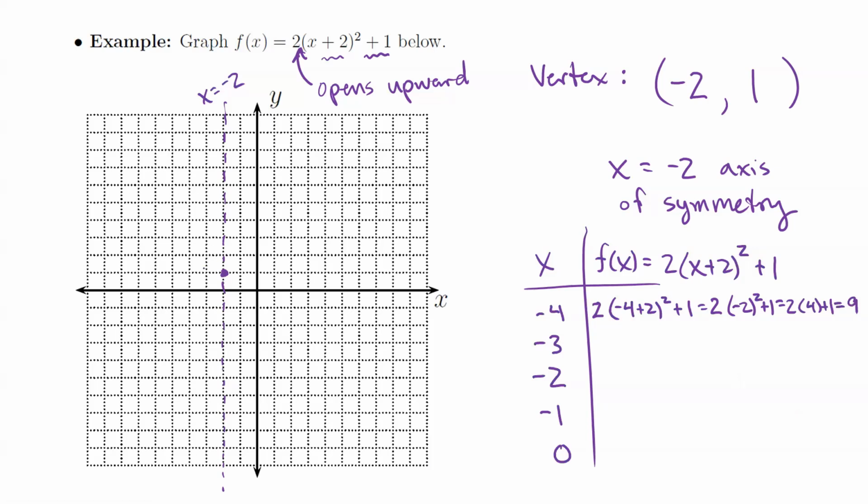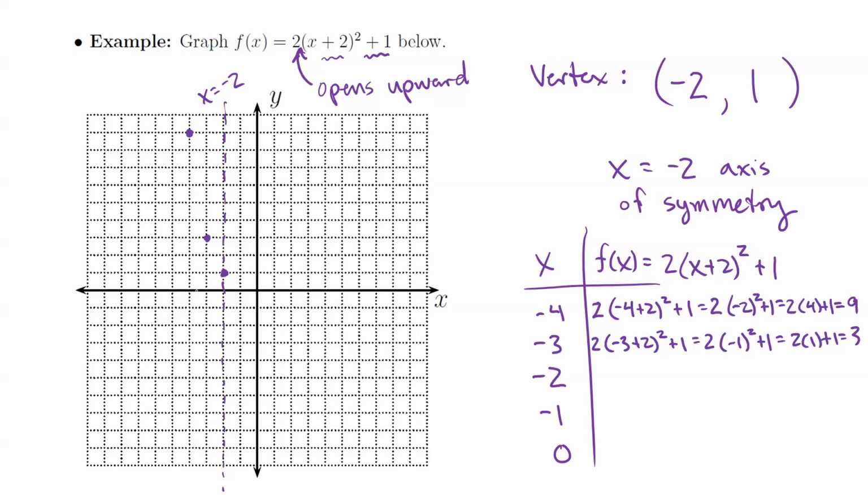So go over to -4 and then go up to 9. Do the same thing here. So we get 3. So -3, 3.